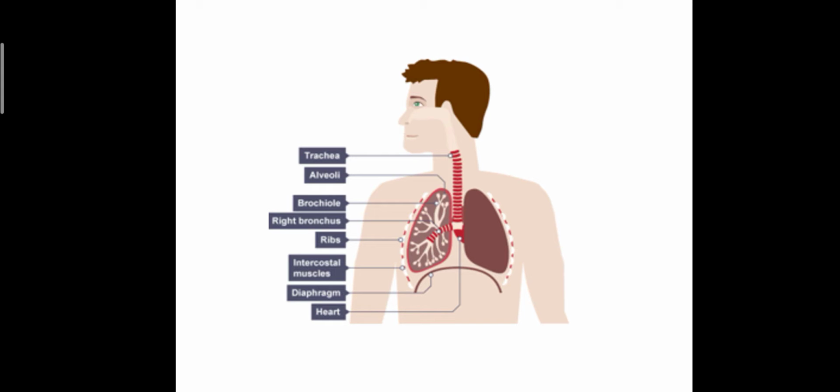So this diagram is showing the trachea, alveoli, bronchioles, right bronchus, ribs, intercostal muscles, diaphragm and heart. Now we will talk about the structure of the lung.